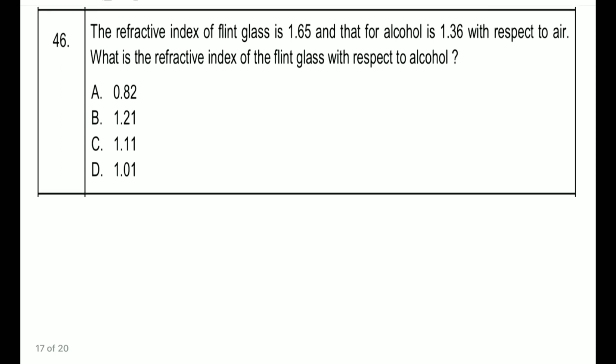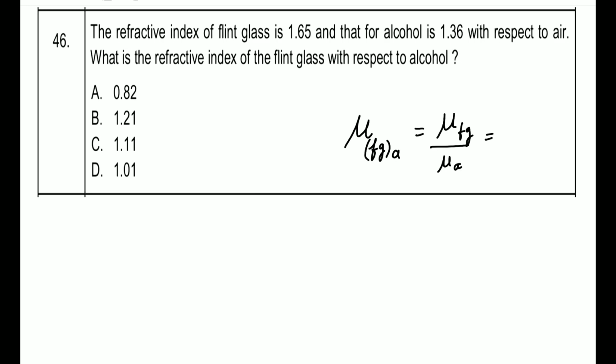This is question number 46 of your sample question paper. The refractive index of flint glass is 1.65 and that of alcohol is 1.36 with respect to air. What is the refractive index of flint glass with respect to alcohol? Whenever I say the refractive index of flint glass is with respect to air, I write refractive index of flint glass divided by refractive index of air.